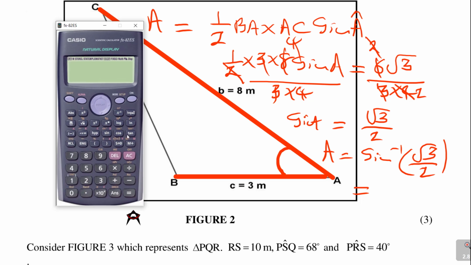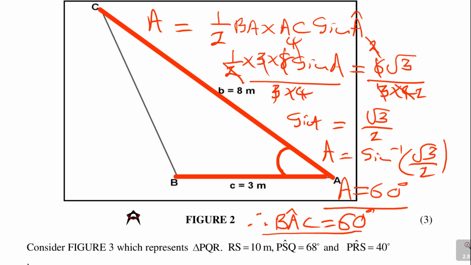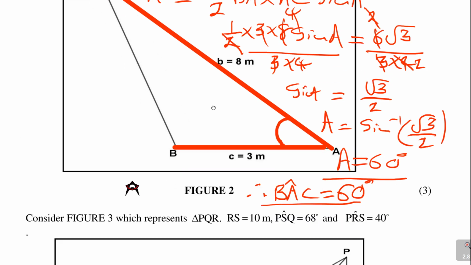That's a special angle. Shift arc sin square root of 3 over 2 equals 60 degrees. Yes. There. A is equal to 60 degrees. Therefore, BAC is equal to 60 degrees. Alright. That is that part.